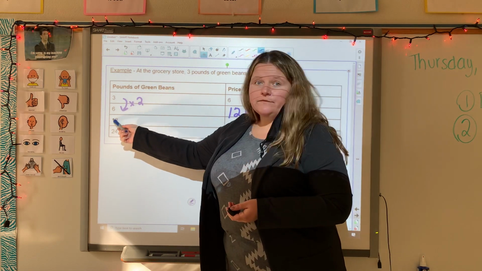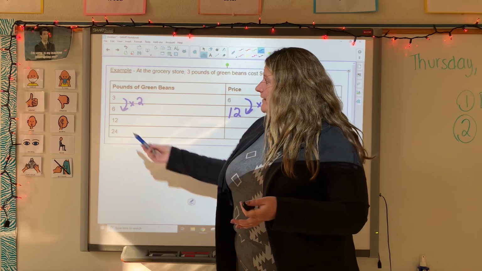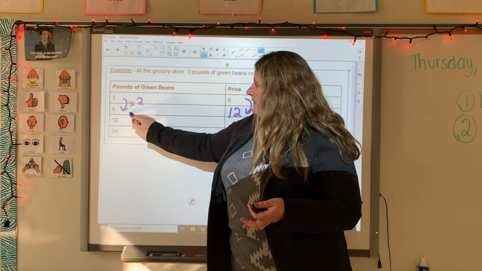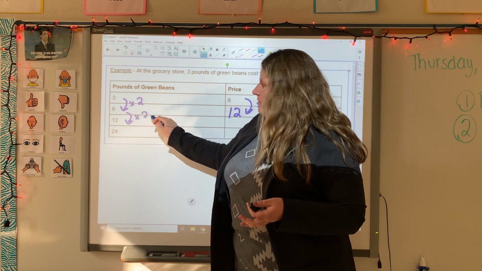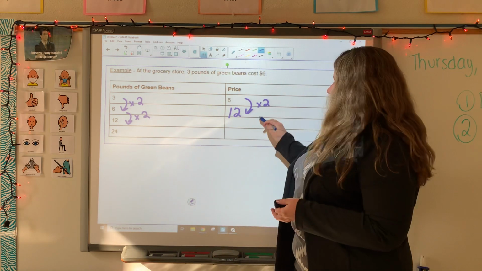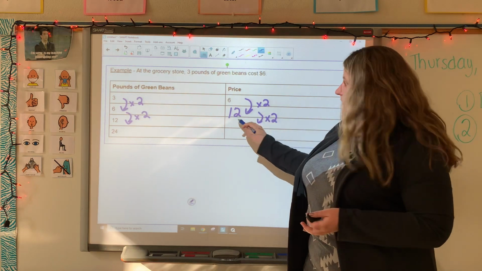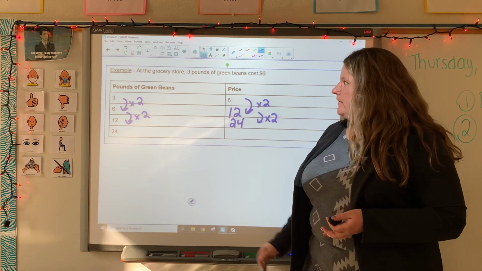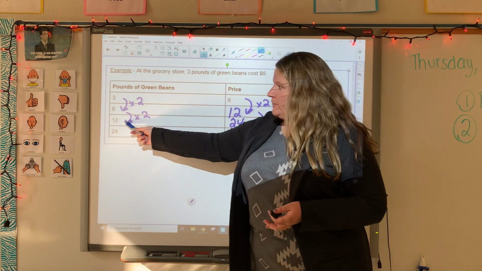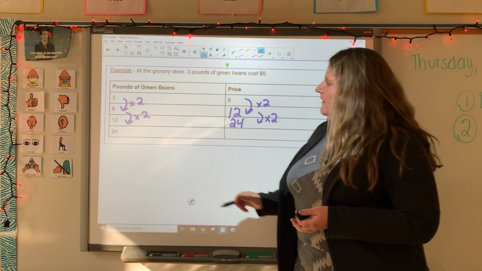Next I have 12. So I can think, okay, can I go from 6 to 12? I can. I am just doubling the number of green beans again. So I would double my price. 12 times 2 gives me $24. So that means it's $24 for 12 pounds of green beans.